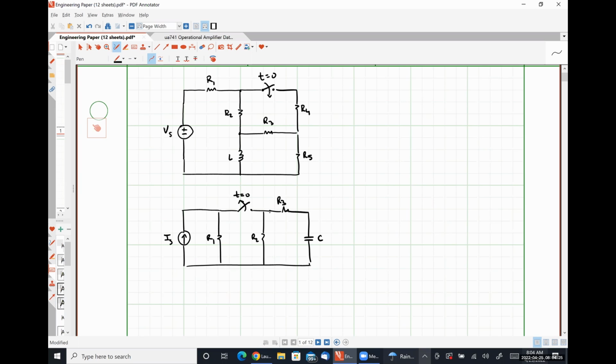It'd be defined as the property of an element to oppose a change in current or a change in magnetic flux, since those two things are linearly related.